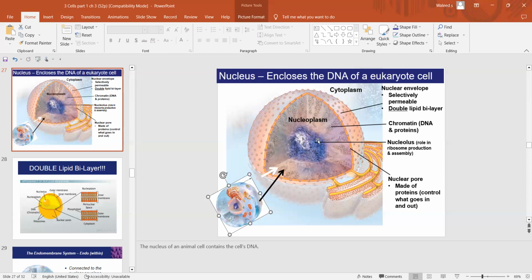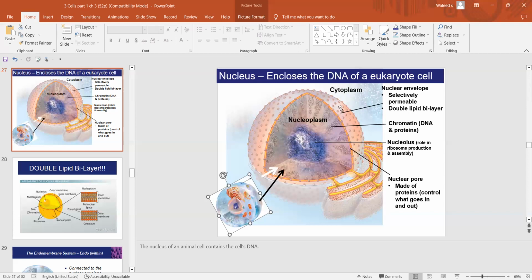It is arranged in the form of chromosomes and chromatin. We will discuss more details about it. Chromatin is DNA and proteins. So is the DNA scattered in the nucleus, in the eukaryotes? No, it is in the nucleus, but not scattered. It is combined with proteins, and we call that chromatin.